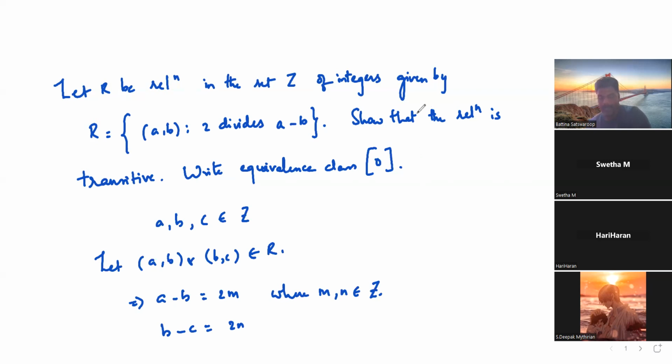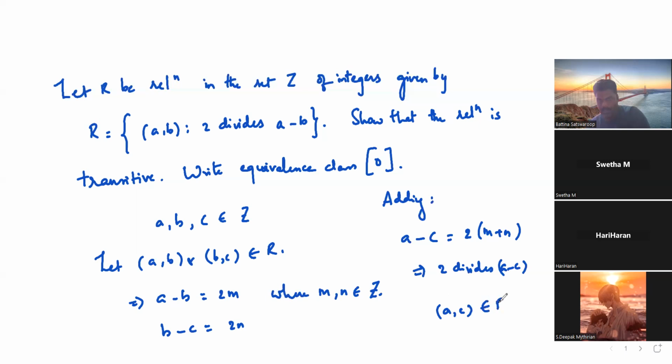Now adding, A minus C is equal to 2 times (m plus n). That means 2 divides A minus C. So I can say (A, C) belongs to R.